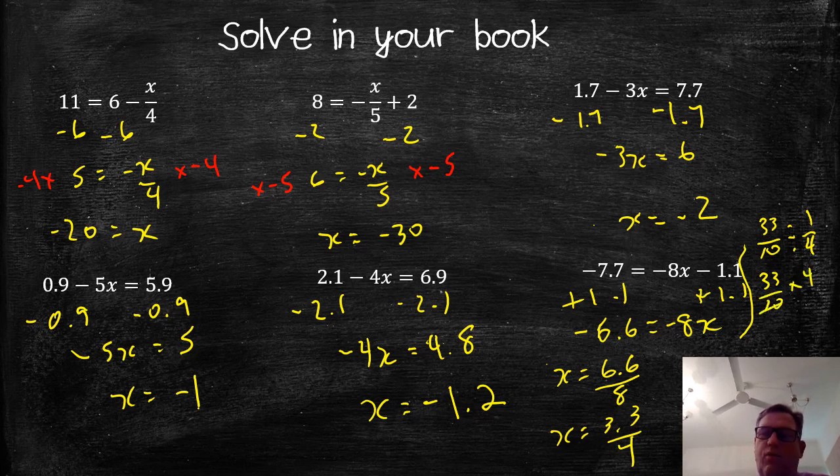And the 10 and the 4 cancel to give me 2 and 5. So I'm left with 66 over 5. A really messy one. But sometimes they don't always end up with nice whole numbers or nice easy fractions. So that completes this video, and I will see you next time.